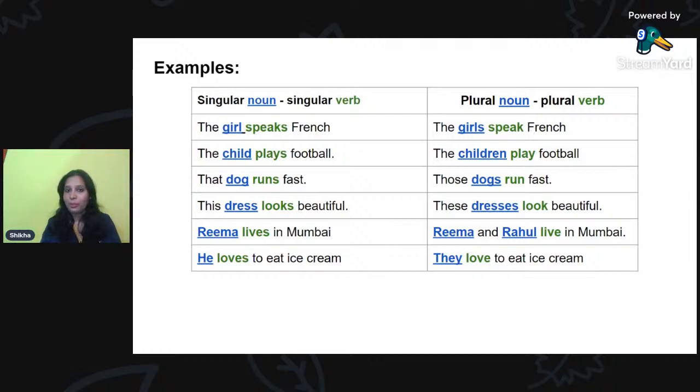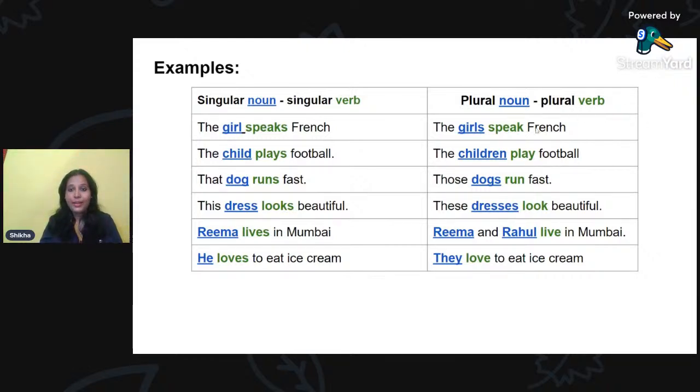One thing you must remember is that when you have to make a noun plural, you have to add s, isn't it? So, if you want to change girl into plural form, you have to write girls. But the verb acts opposite of the noun. That means if you add s to the verb, it becomes singular.